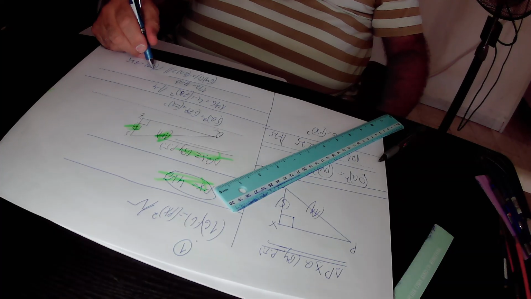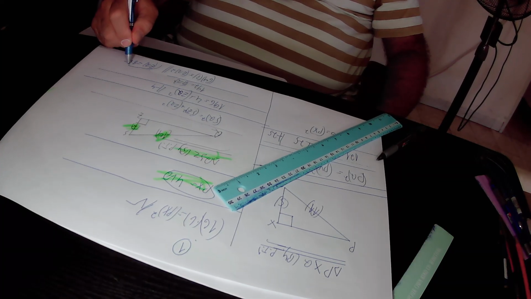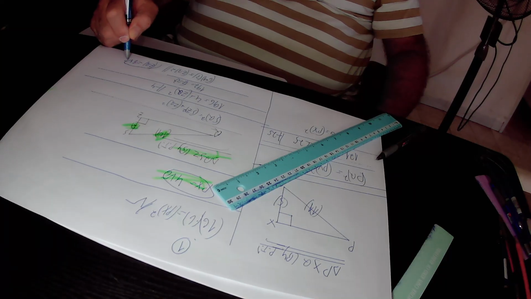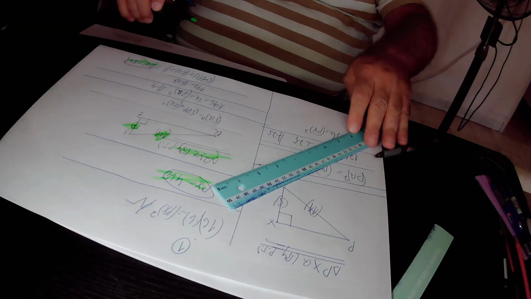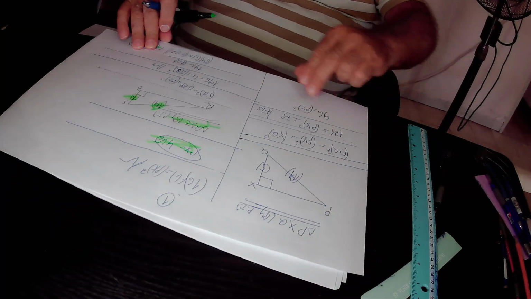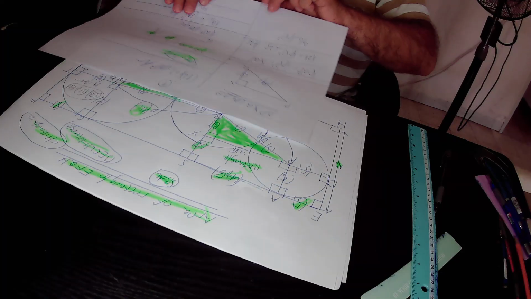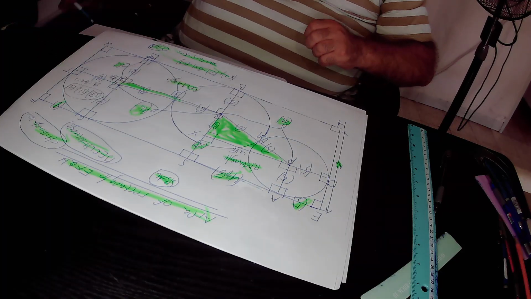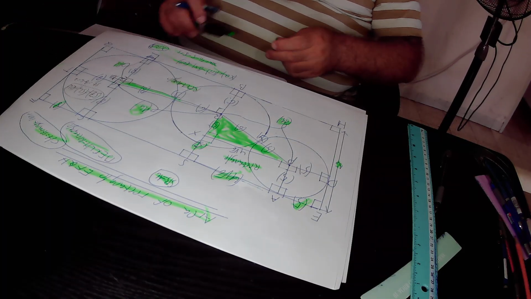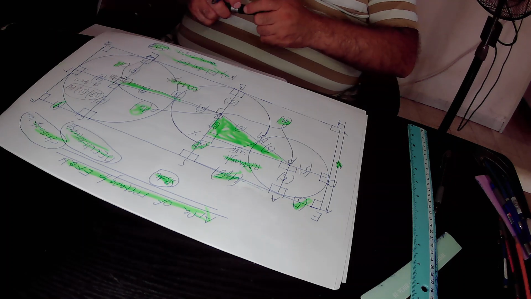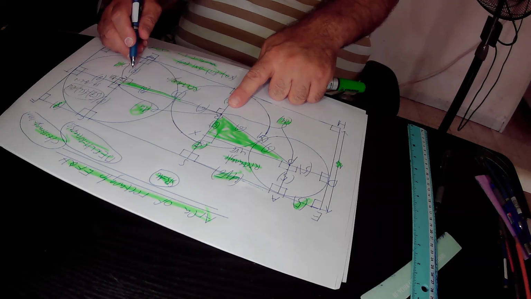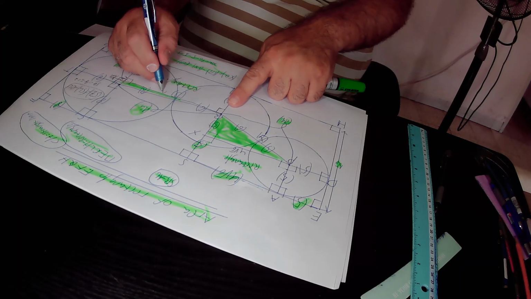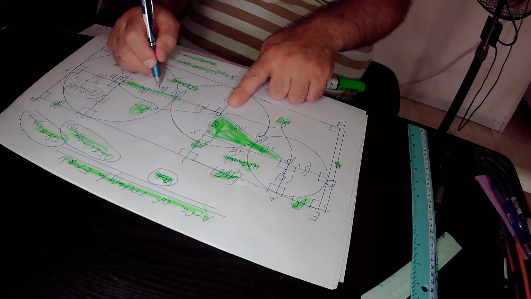In total, ZQ equals 8 times root of 3 units in length. This is side ZQ, equal to 8 times root of 3 units.